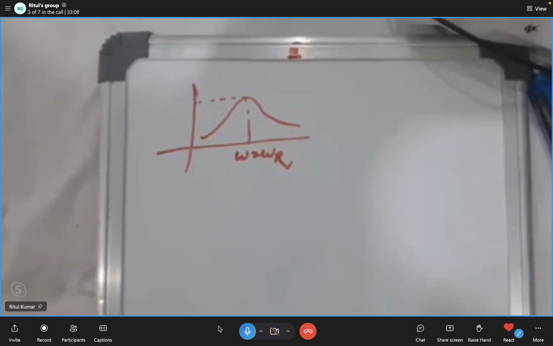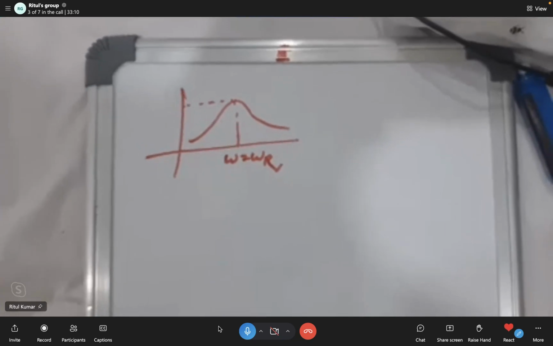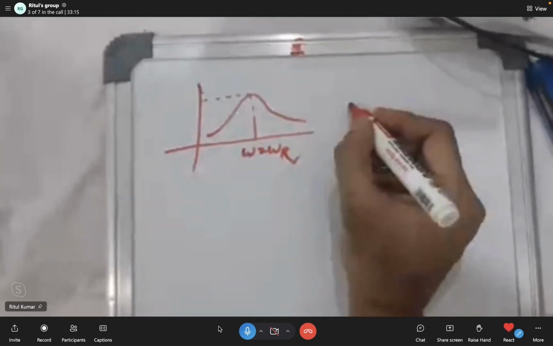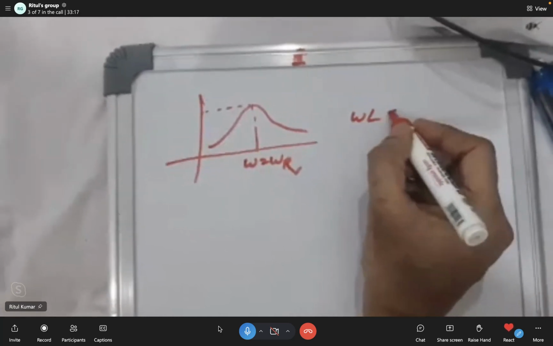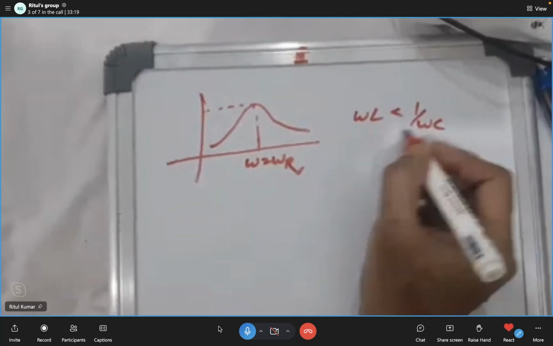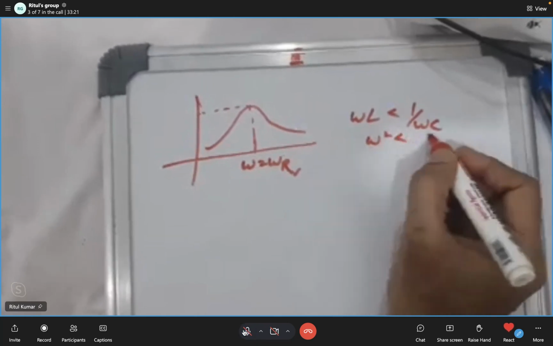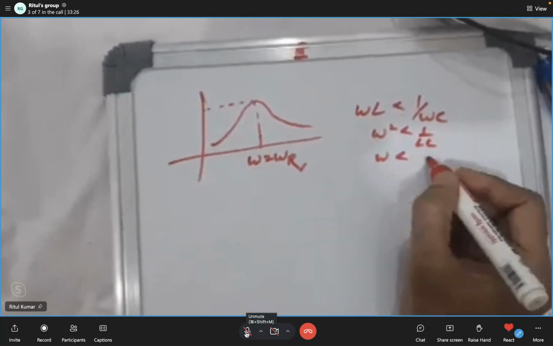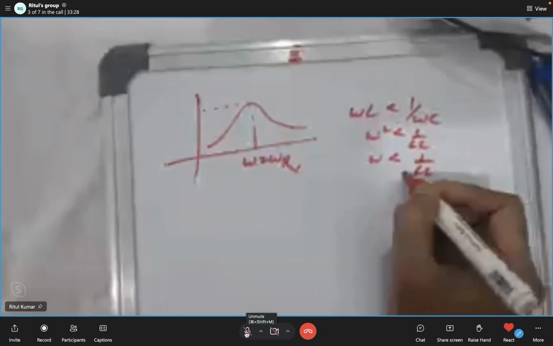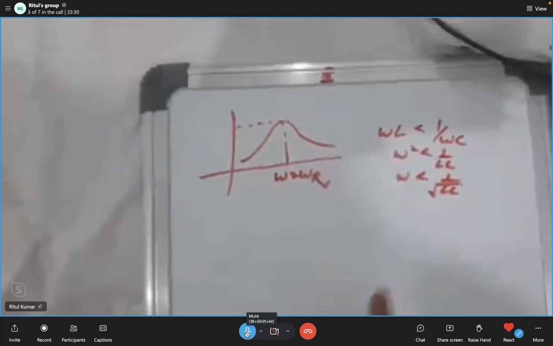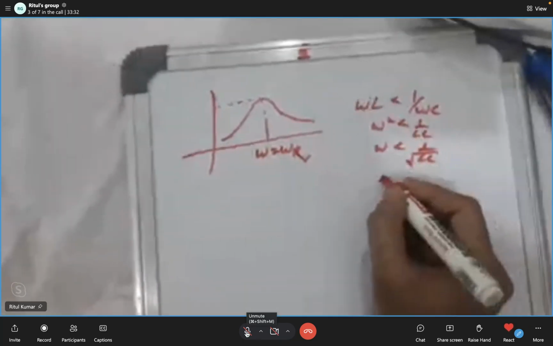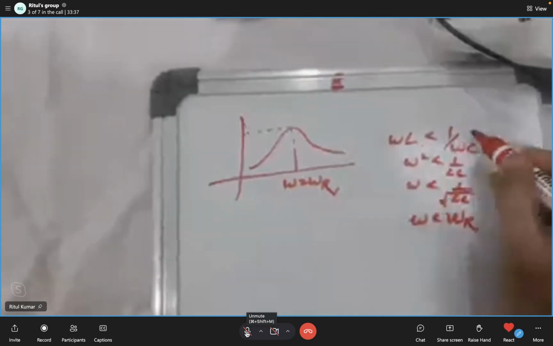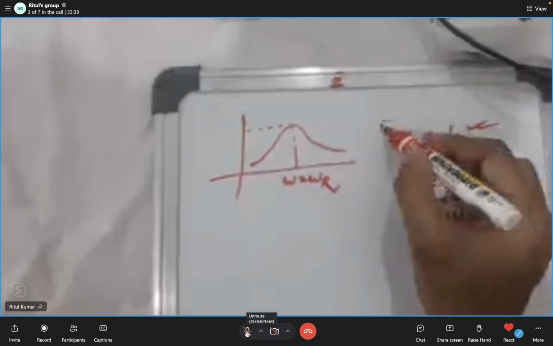It's a no-brainer, by the way. When omega is less than omega r, omega is in the numerator for XL, so the inductive nature would be less and it would be more capacitive. We can take it this way: omega square is less than 1 by LC, so omega is less than 1 by root LC, so omega is less than omega r, and that happened for the case when XC was greater than XL.